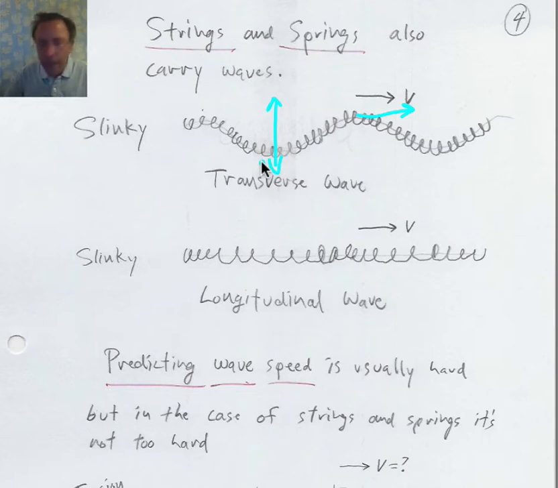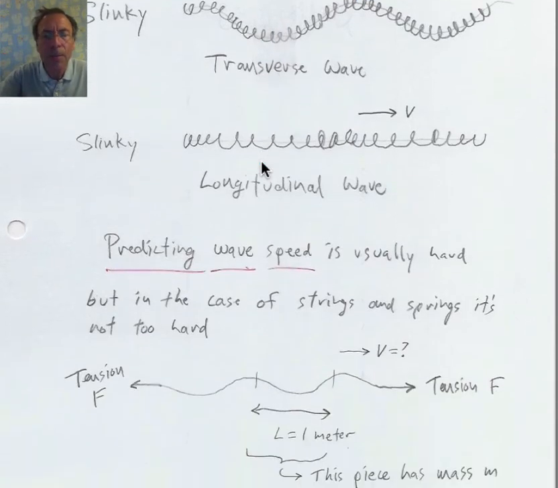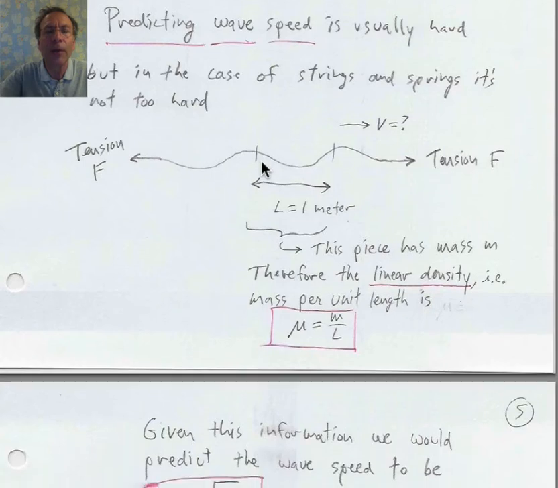Okay. Now let's talk about figuring out the wave speed, predicting the wave speed. Now this can be pretty hard, but in the case of springs and strings, it's not all that bad. So you need to know what the tension is in the string or spring.